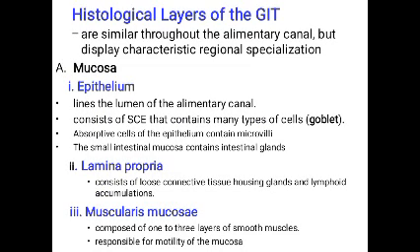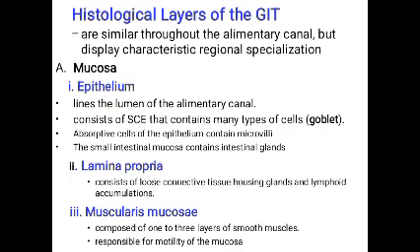Histological layers of the GIT, gastrointestinal tract, are similar throughout the alimentary canal, but display characteristic regional specialization. A. Mucosa. Epithelium lines the lumen of the alimentary canal. Consists of simple columnar epithelium that contains many types of cells, such as goblet cells.